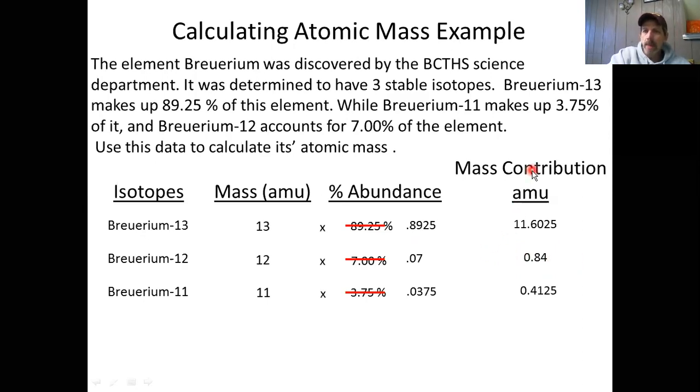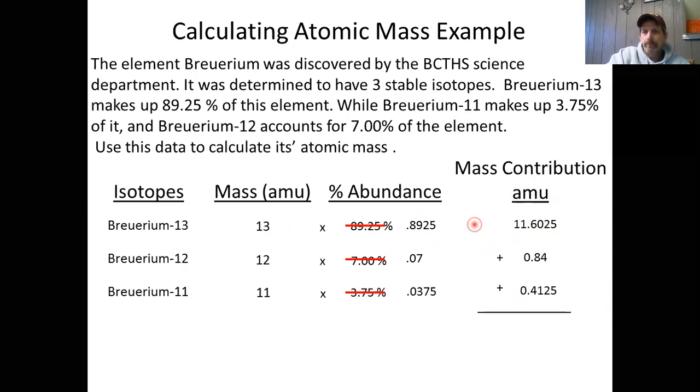Now we have the mass contribution that comes from each of these. Look at all the mass from the top one and the little bit of mass from the bottom 2. Well, all we really do now is add up those 3 values and they become the atomic mass that would go on the periodic table.